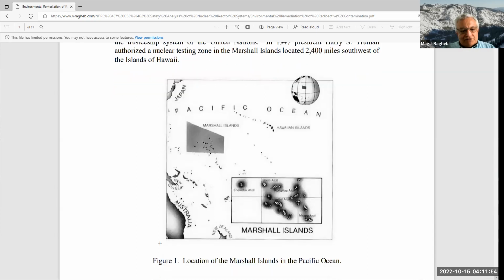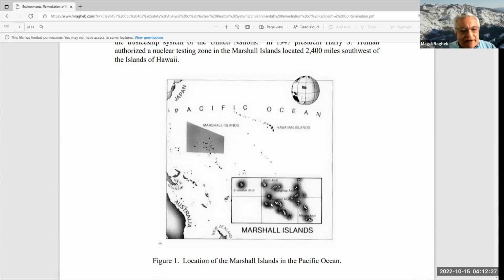But some contamination did occur very seriously when the United States conducted tests in the Marshall Islands in the Pacific Ocean. There was a contention about the Marshall Islands between Japan and the United States. The Japanese occupied it, the United States came in and reoccupied it again. It's a set of small islands shown here in the Pacific Ocean, I would say northeast of Australia and southeast of Japan.